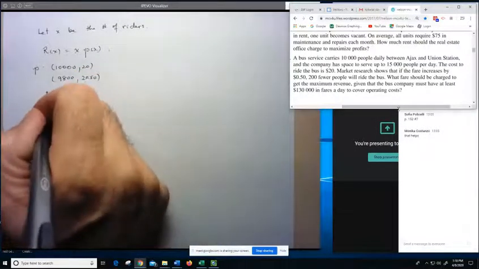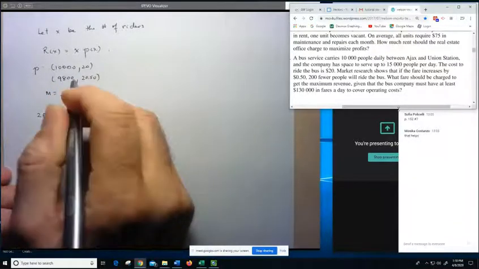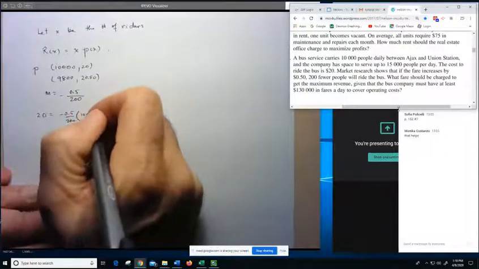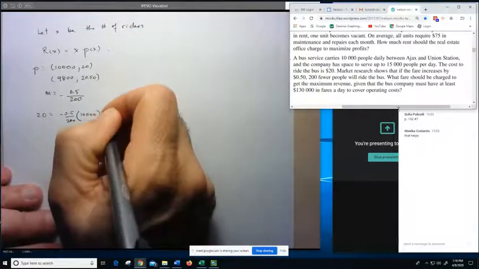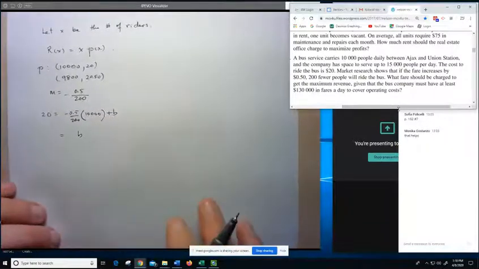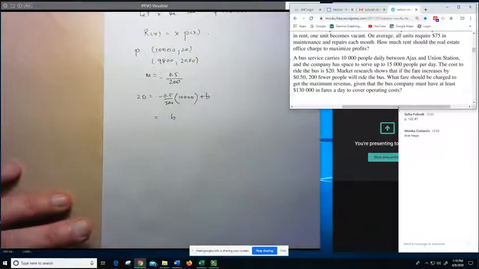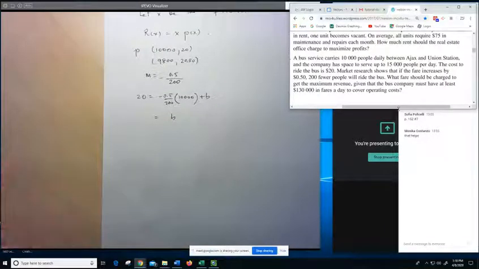So we've got 20 equals negative 0.5 over 200 times the X value, 10,000, okay, plus B. And so B is just going to be equal to, and you see that I don't even make an effort to simplify any of this, because I'm going to put this all in my calculator anyway.